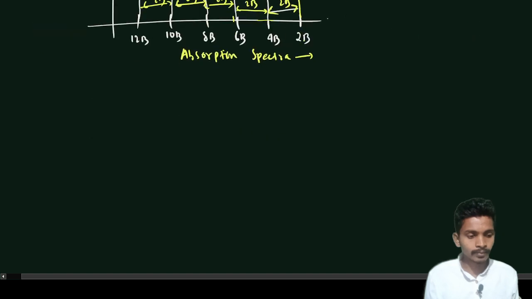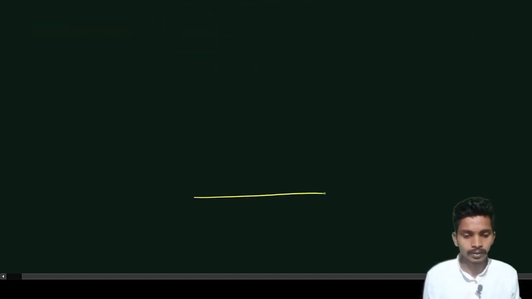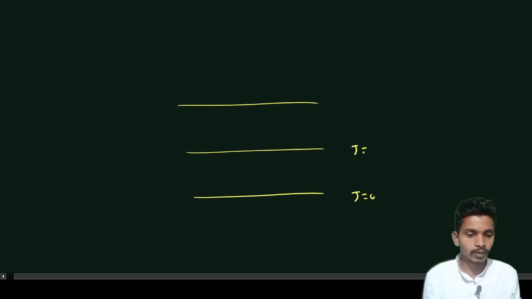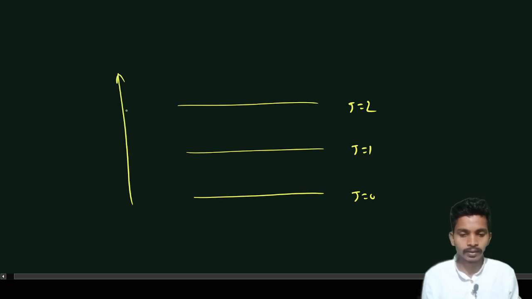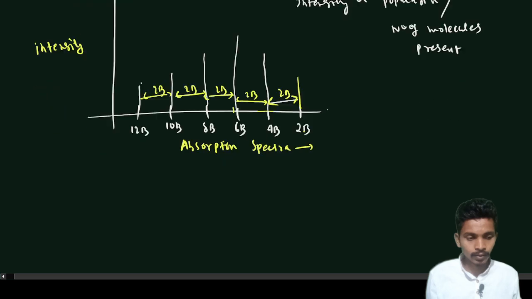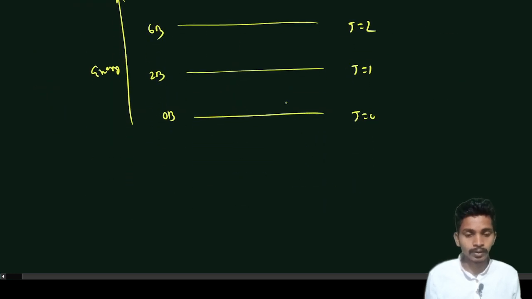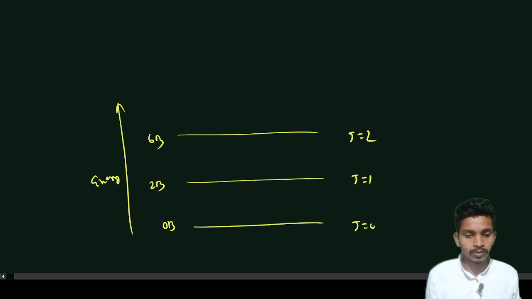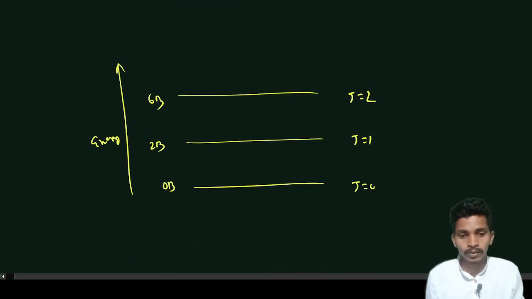Now we are talking about this energy. This is J equal to 0, this is J equal to 1, and this is J equal to 2, and let's say this is 0B, this is 2B, and this is 6B. So whenever I talk about populations, we are talking about the intensity, but first let's discuss the selection rule.